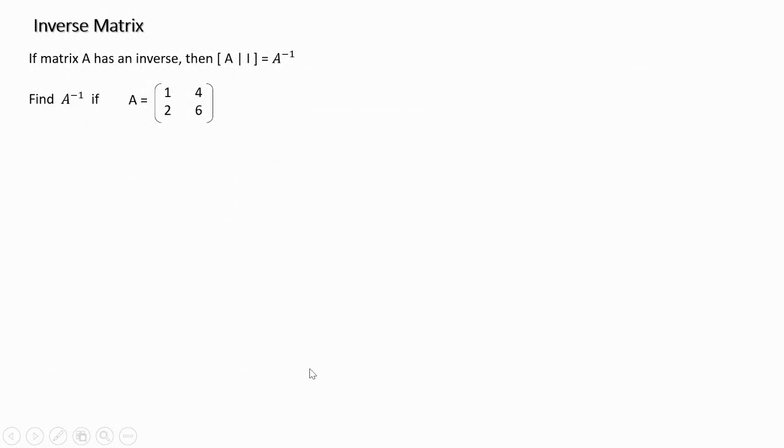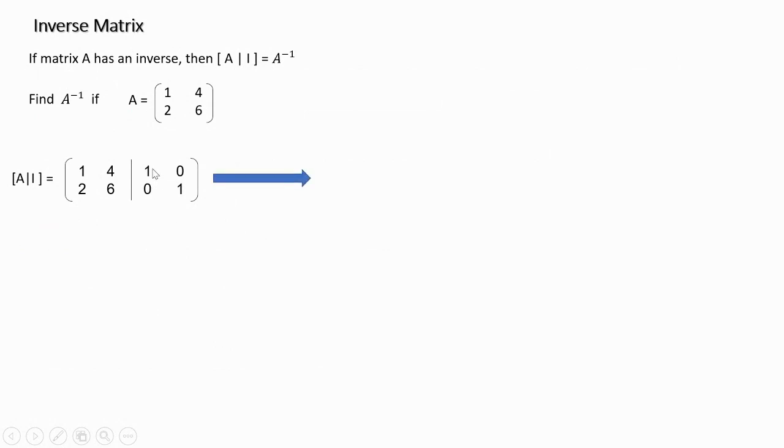Okay, now, if matrix A has an inverse, then A and the identity must equal the inverse. So how do we do that? Remember, guys, the Gauss-Jordan method that we did last week? We're going to do it again now. You see, guys, this is matrix A, and this is its identity. So this is the plan now.